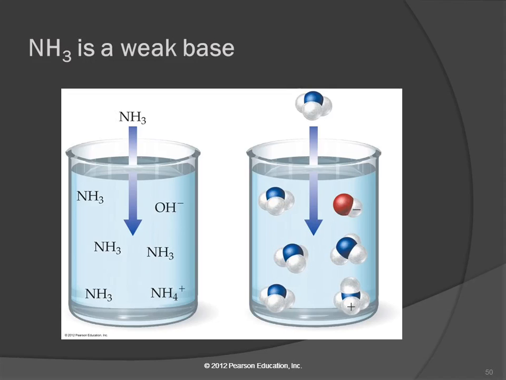So here's the ammonia. You put ammonia in water. It will accept hydrogen ions from some water molecules, but it doesn't do that completely. And so we see here that we have a significant number of ammonia molecules that are intact. And that's the characteristic of a weak base. Same idea as a weak acid.